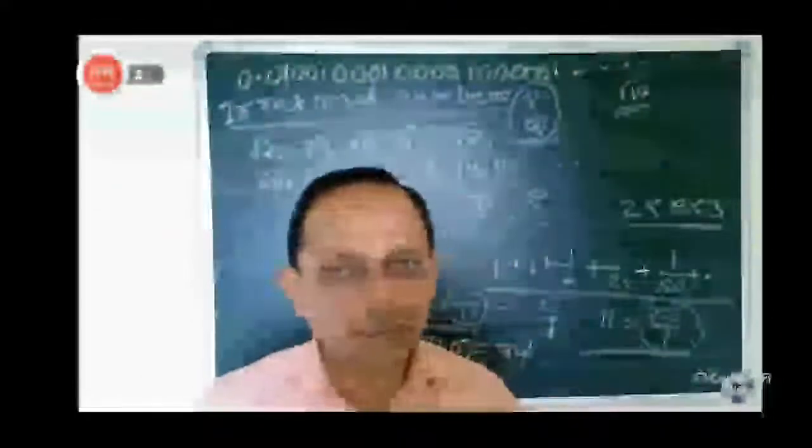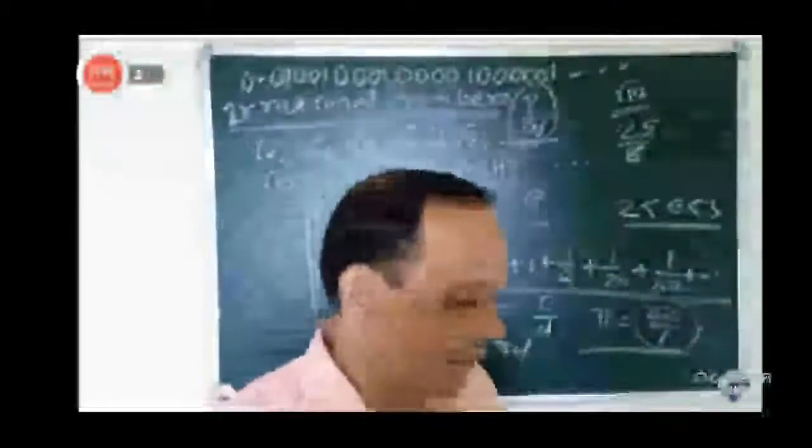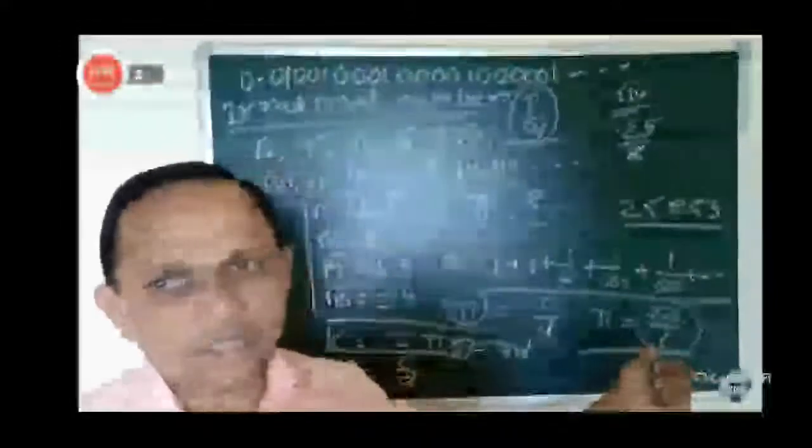In the Babylonian dynasty, also before 3000 before Christ, it was 25 by 8. According to Archimedes, the value of pi is 22 by 7. According to Ptolemy, pi equals 3.1416, a value which is generally used.